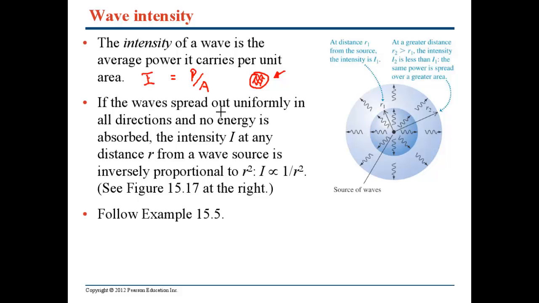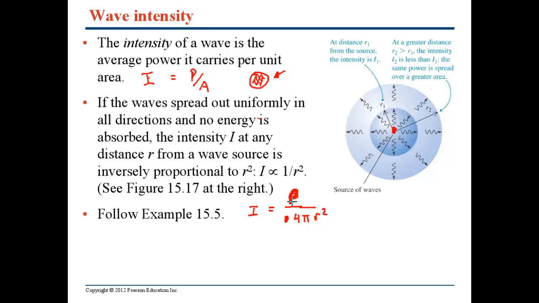If we're talking about point sources, however, think maybe your car's stereo or something like that. It has some power associated with it, and it's going to be radiated in all directions. In that case, we would say that the intensity is going to be equal to the power divided by the cross-sectional area of the sphere that is sending waves out, which is going to be 4 pi multiplied by the radius squared.